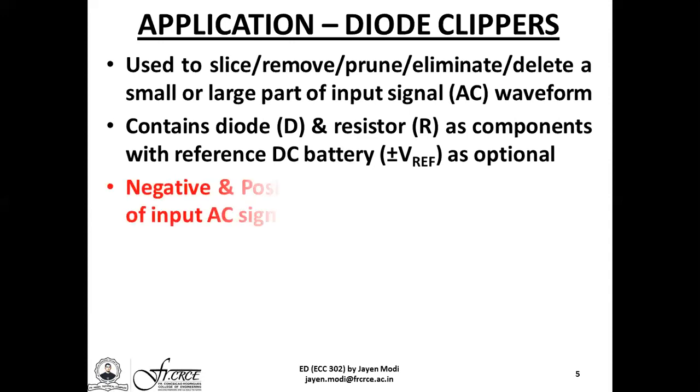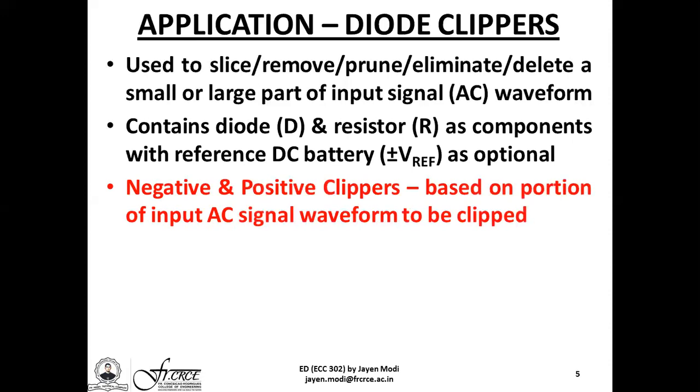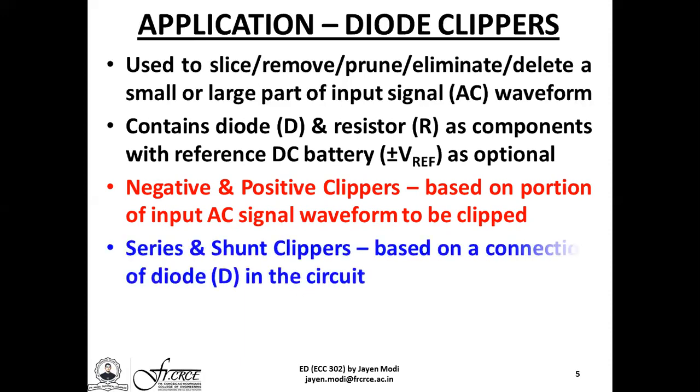Clipper circuits are mainly classified into two main types: negative clippers and positive clippers. Negative clippers clip or remove the negative portion of the AC input signal, whereas positive clippers remove the positive portion of the AC input signal. We also have a second category of series and shunt clippers. This is completely based upon the connection of the PN junction diode in the circuit itself.